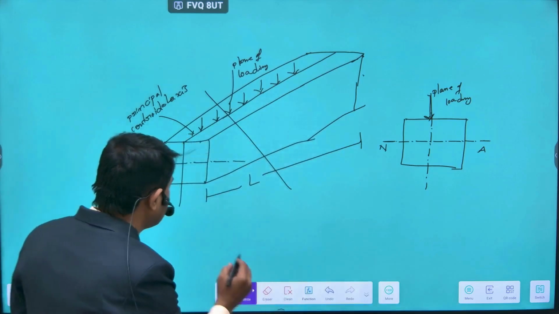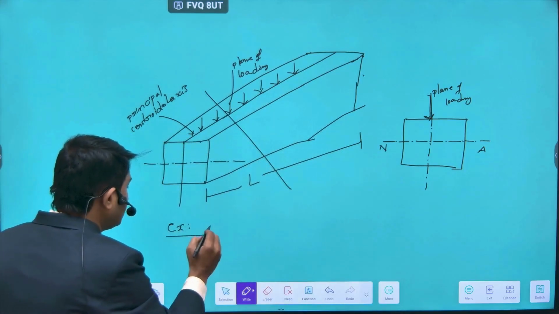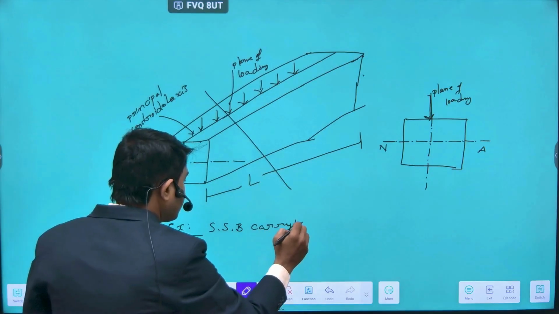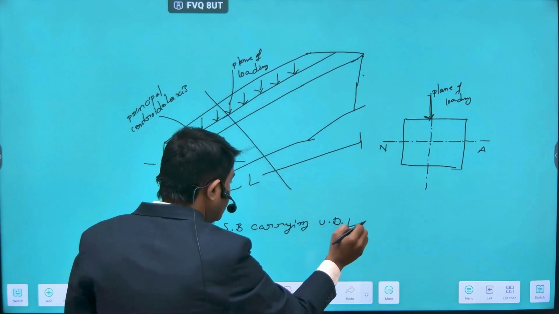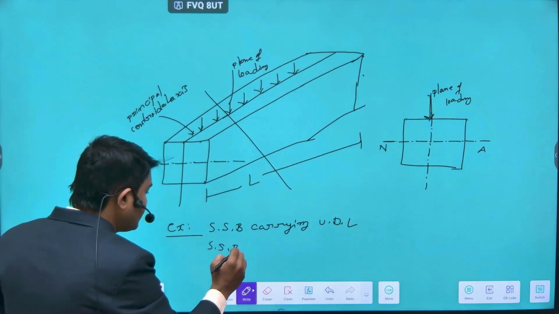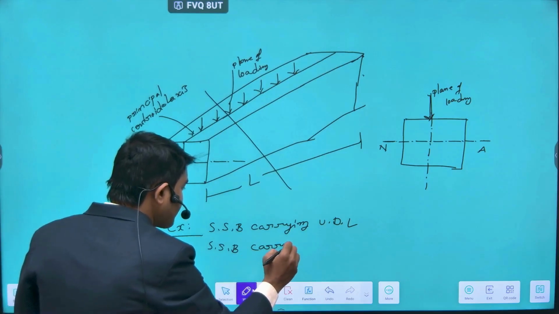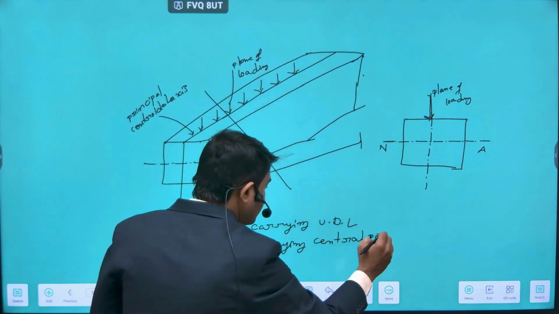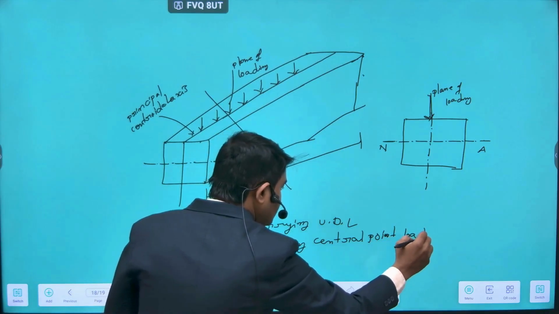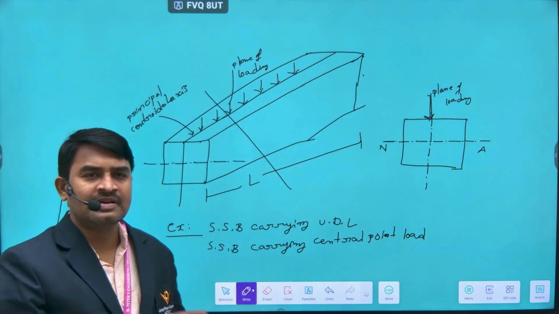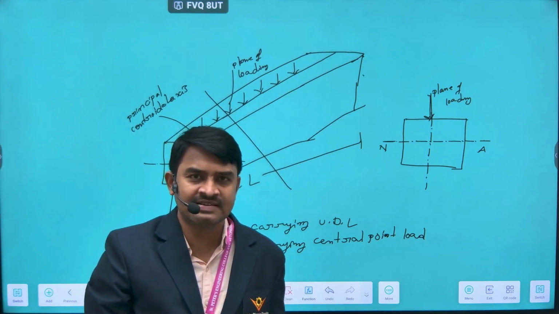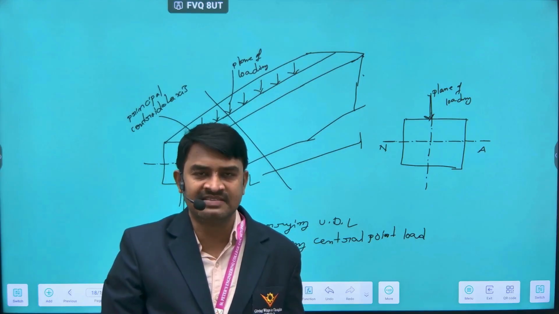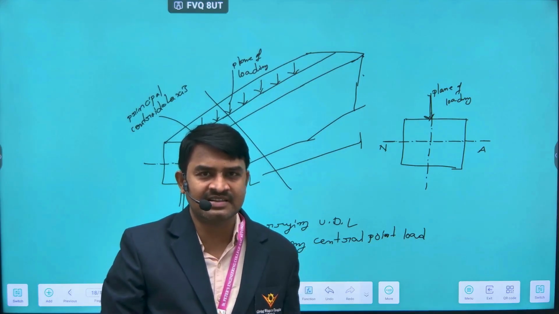The best examples are a simply supported beam carrying a uniformly distributed load and a simply supported beam carrying a central point load. The best example here is bridge girders carrying uniform traffic load, which comes under the symmetrical bending case. This is the best example. So this comes under symmetrical bending.